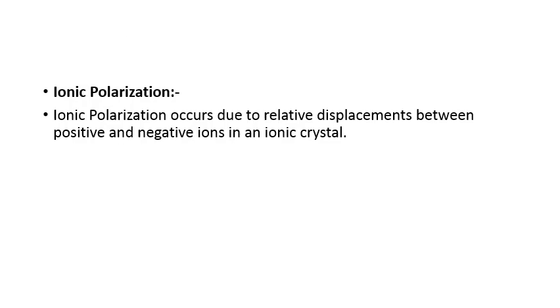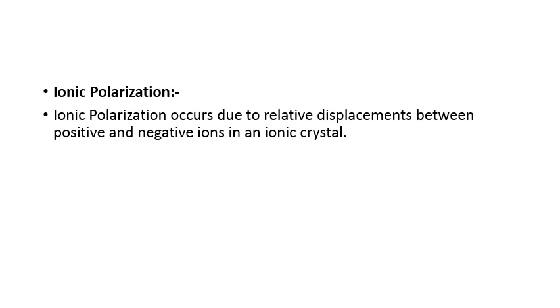Now we will discuss another kind of polarization, called ionic polarization. Ionic polarization occurs due to relative displacement between positive and negative ions. In the first case, electronic polarization, which is present everywhere, the electron shifts. But in ionic polarization, the ion moves.